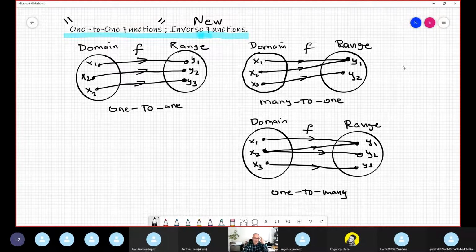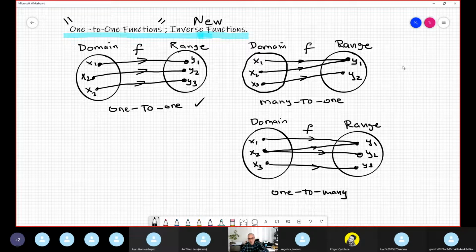Suppose a schematic diagram represents domain and range, exactly the same way I did in chapter 2. Now we have, for example, the classical one-to-one relation in which one value of x is associated with only one value of y. This is a function, of course.